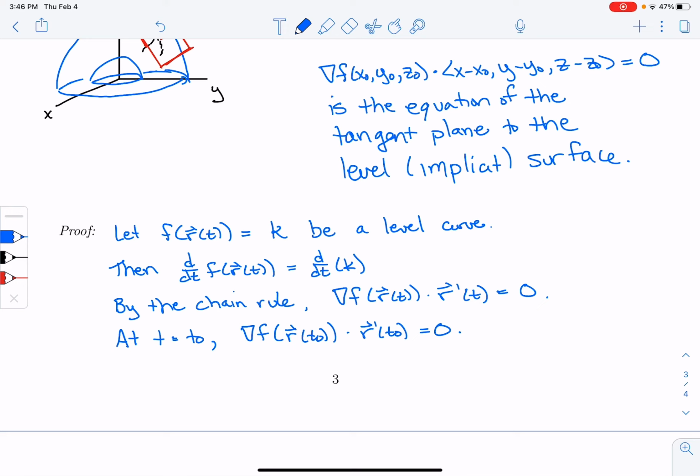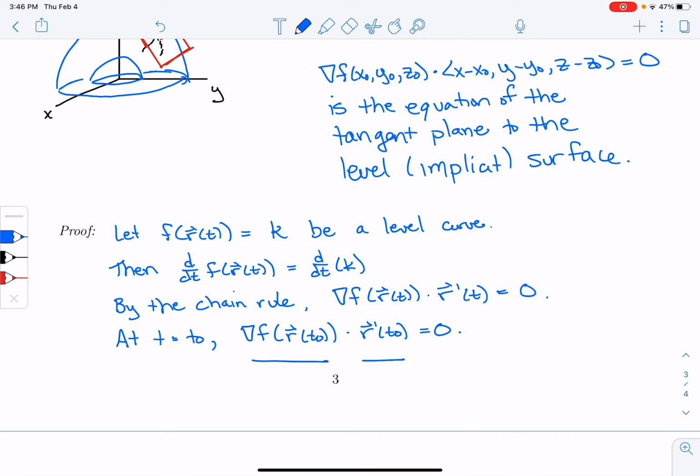So the chain rule here is essentially what's telling us that the gradient is perpendicular to these level curves. And that's a cool result. In fact, if you think about it, this expression of the chain rule, the gradient dot r prime, is really a directional derivative.